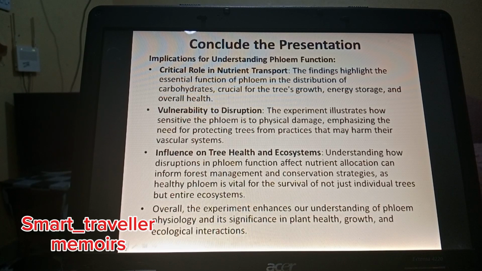Influence on tree health and ecosystems: understanding how disruption in phloem function affects nutrient allocation can inform forest management and conservation strategies, as healthy phloem is vital for the survival of not just individual trees, but entire ecosystems. Overall, the experiment enhances our understanding of phloem physiology and its significance in plant health, growth, and ecological interactions.